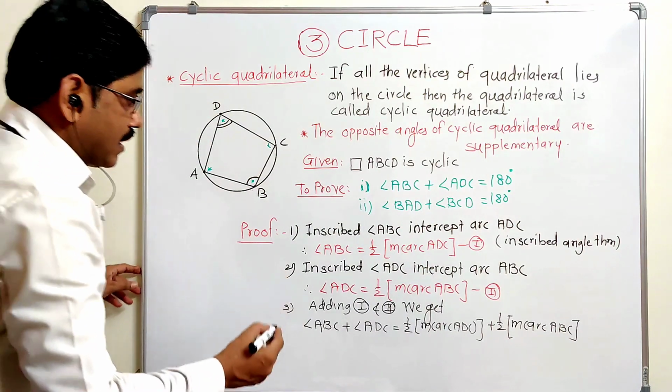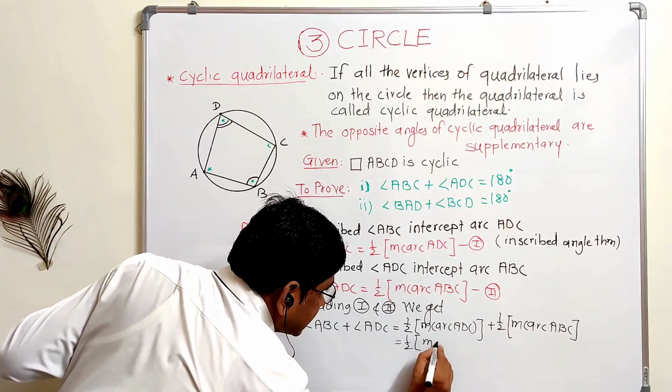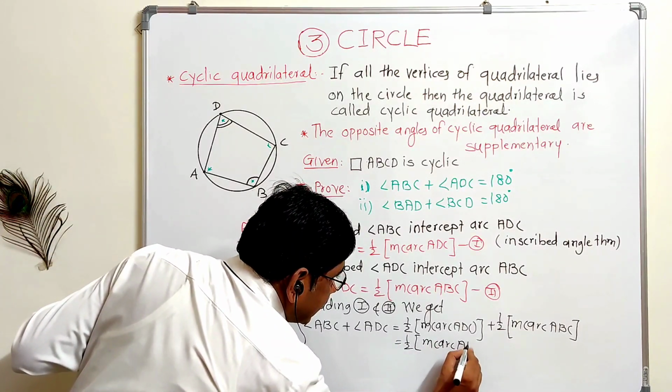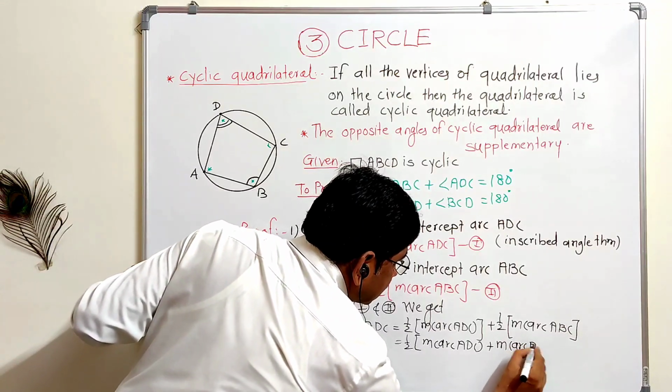Now half is common, so half into bracket major arc ADC plus major arc ABC.